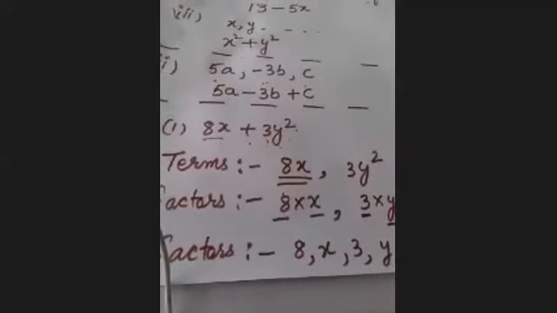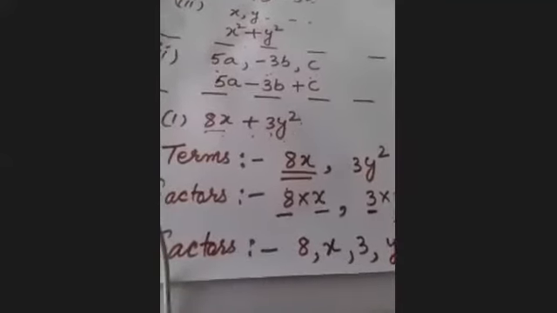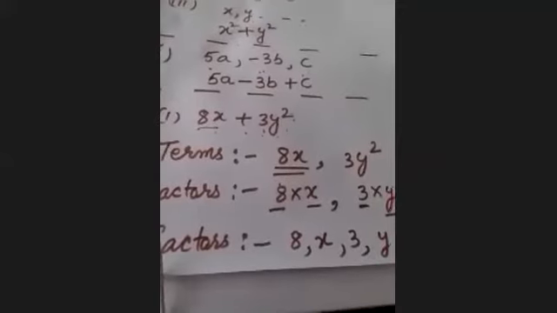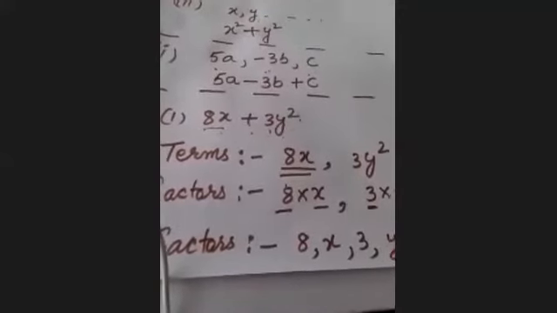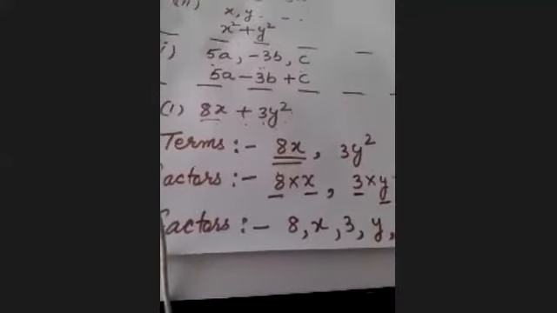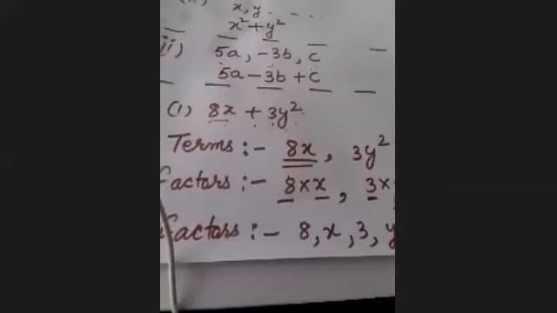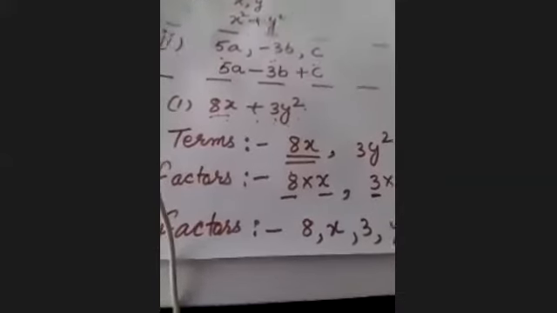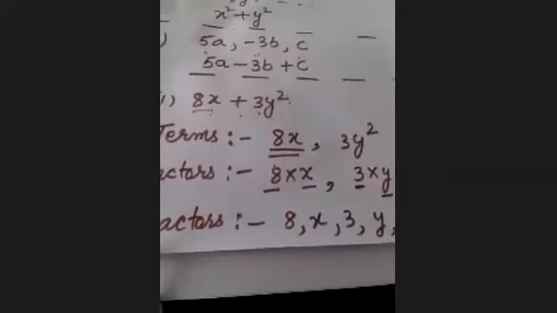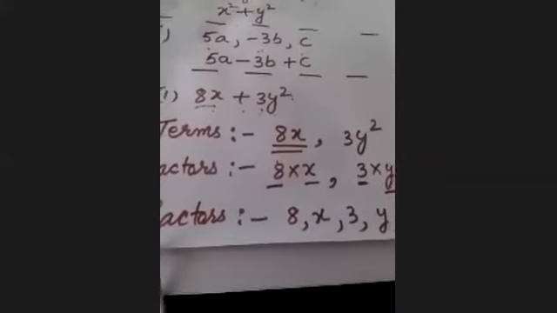Your question is, identify the terms and its factors. We have an algebraic expression 8x plus 3y square. First we will identify terms. In this expression we have two terms, 8x and 3y square.